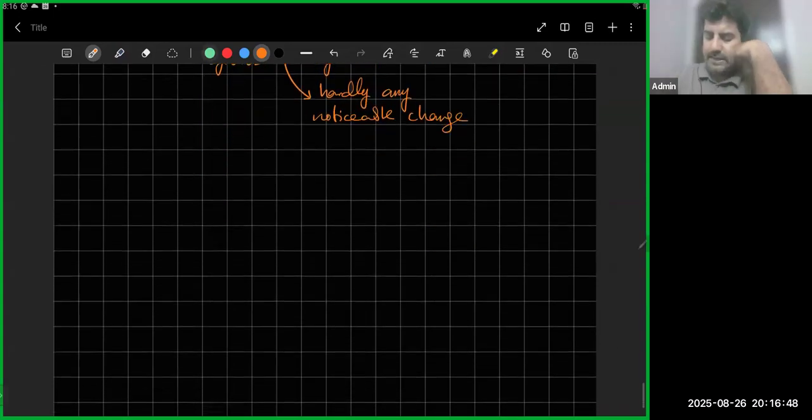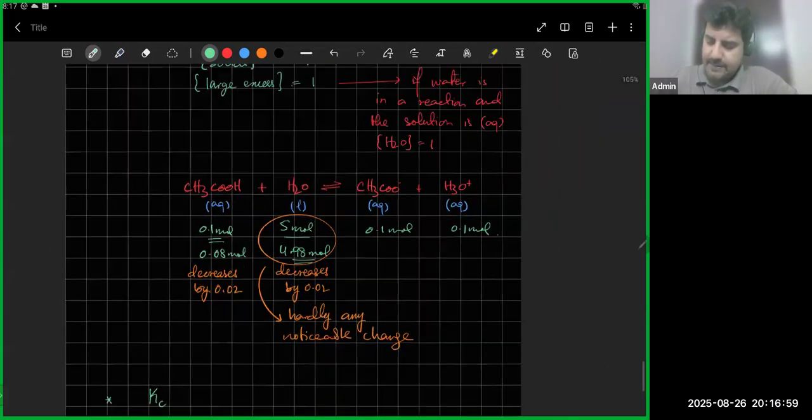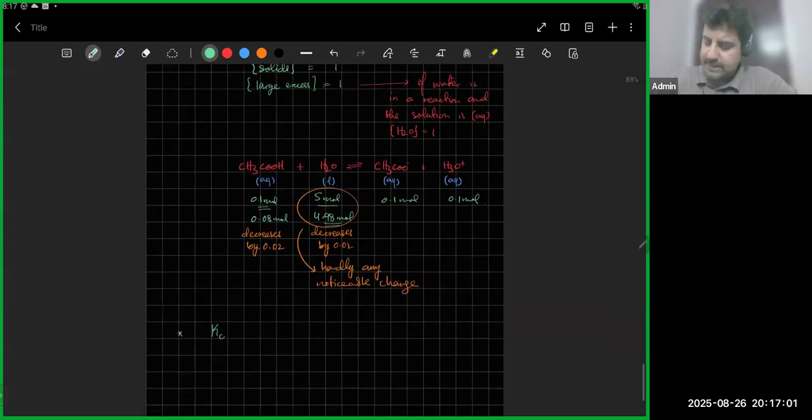So since we are doing Kc, I'm going to add another tiny point over here, which is that Kc always uses concentration. The first thing that we wrote, concentration, is used in Kc.